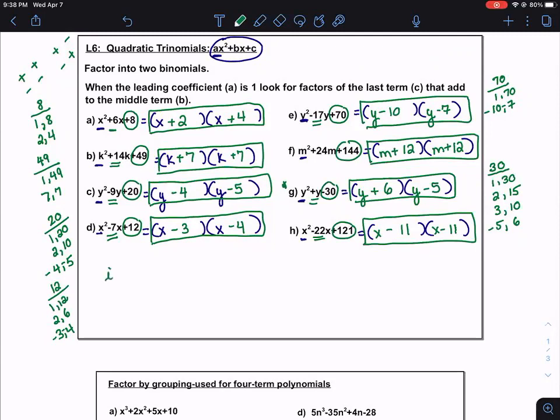So let's make it I, J. Let's do 4 more for good luck, okay? So let's do x squared plus 3x minus 28. Let's do x squared minus 14. I'm just going to leave them all as x. Let's do x squared minus x minus 6.